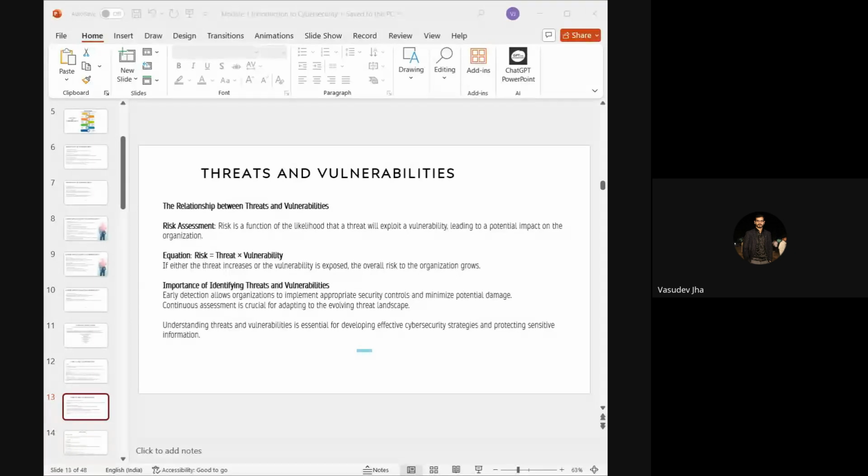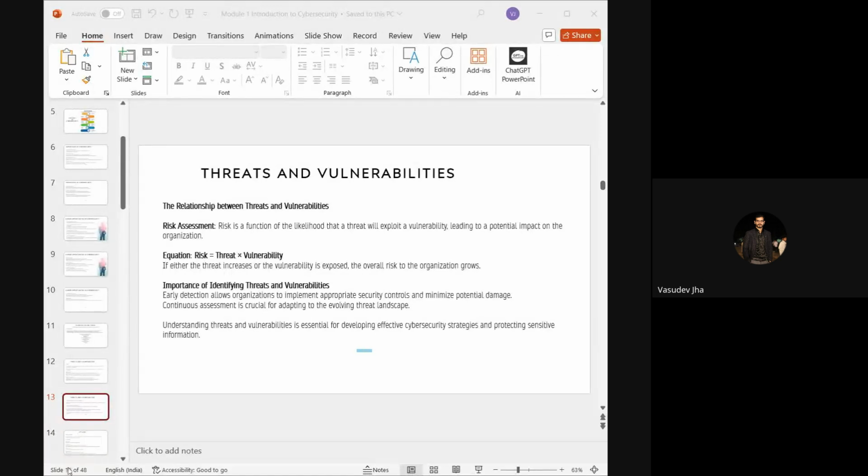So risk assessment is a function of the likelihood that a threat will exploit a vulnerability, leading to a potential impact on the organization. So we have an equation of risk: threat into vulnerability. By this equation, we can simply identify what the risk is. Why is it important to identify threats and vulnerabilities?